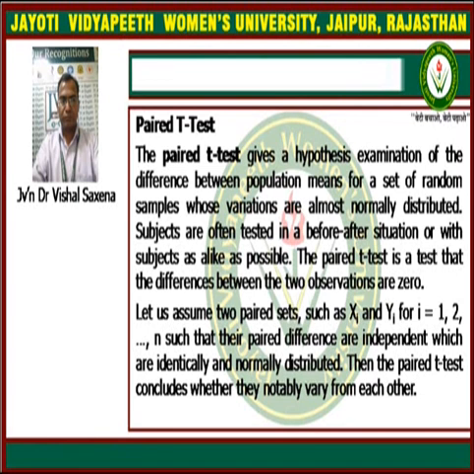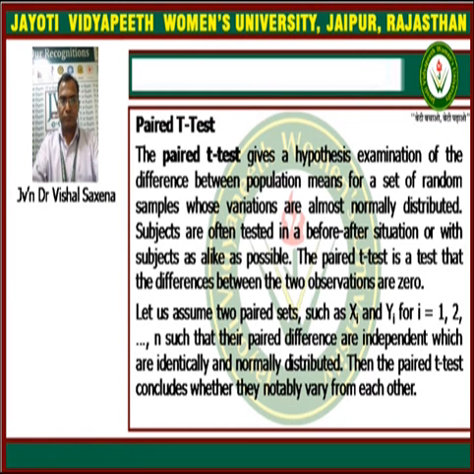Again, it is explaining that the paired t-test gives a hypothesis, statistical examination of the difference between the population means for a set of random samples whose variations are almost normally distributed.